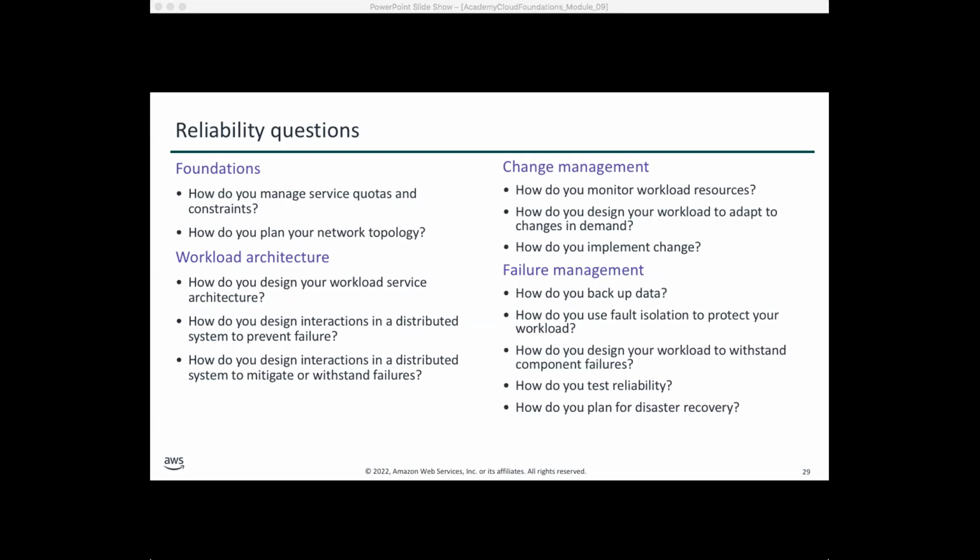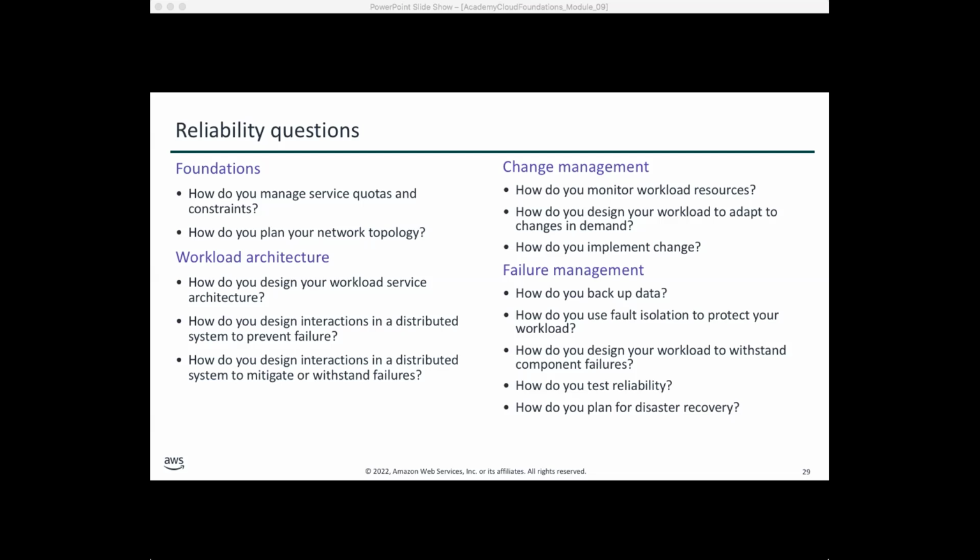So the questions related to reliability fall under broadly four best practice areas. One is foundation. To achieve reliability, we should be answering these questions before the design, to help us in design.